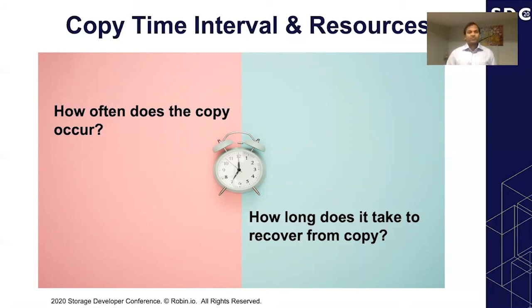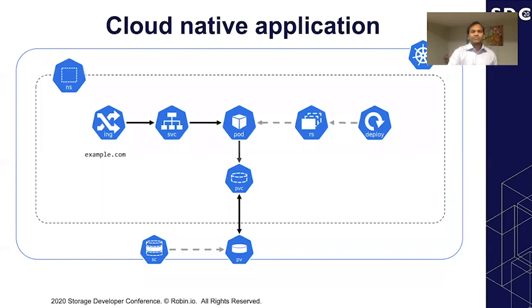The second is, how long does it take for the application to be restored from that particular copy? With mirrors it will take less time. With backups it's going to take a little more time. So it depends upon your RPO and RTO requirements, and appropriate data protection strategies have to be employed.